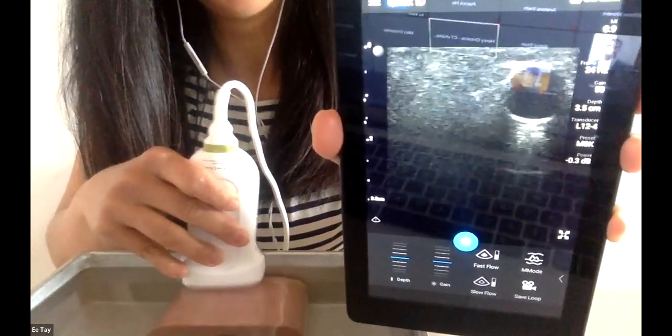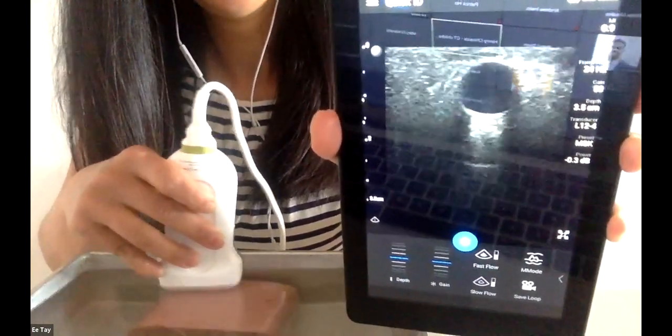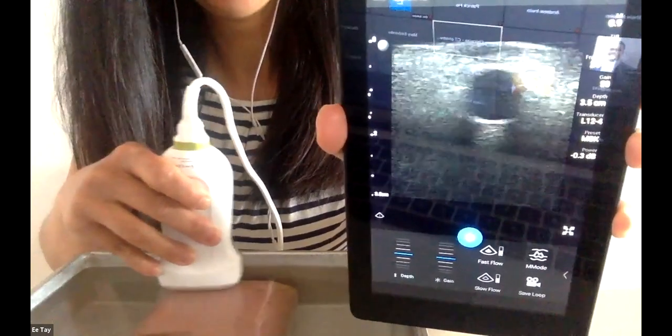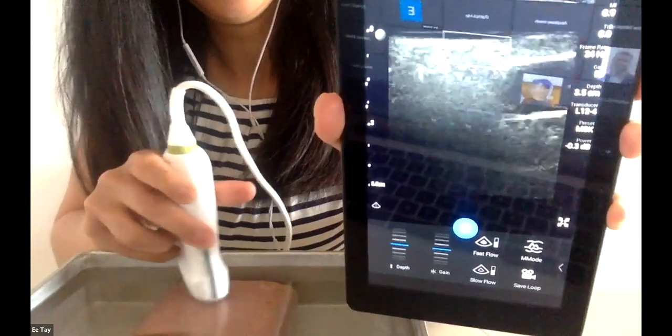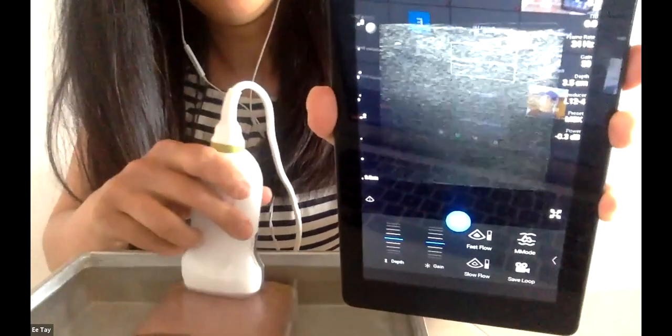Oh, here it is. So again, here's my vein, and I think I have a paper clip in here somewhere.